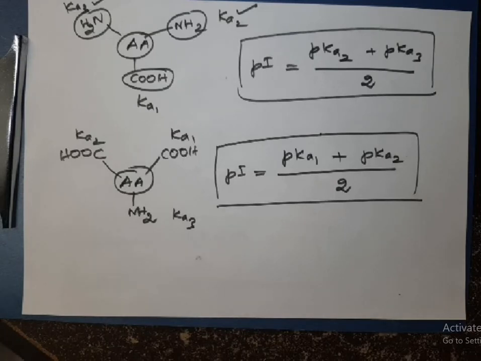Is it clear, students? Any doubt? I'll give one problem so that you can understand the meaning of this, and how to proceed if problems come with this. I'll show you one or two problems.